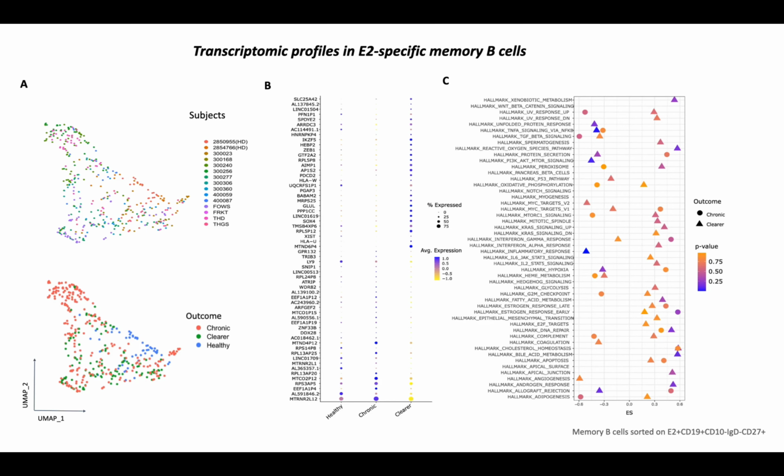So we further had transcriptomics data from these cells, and we wanted to study whether there are transcriptomic differences. We had 13 subjects and 2 healthy subjects from this data, and we tried to cluster them: chronics, clearers and healthy. We did not see major differences in the heterogeneity of these cell types, but we were able to isolate these cells into memory B cell 1, 2, 3, and 4.